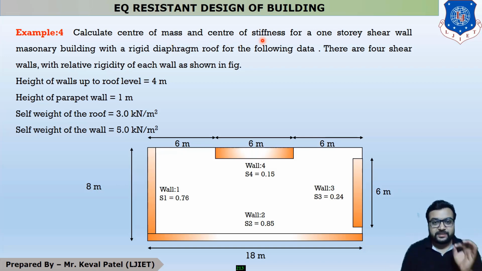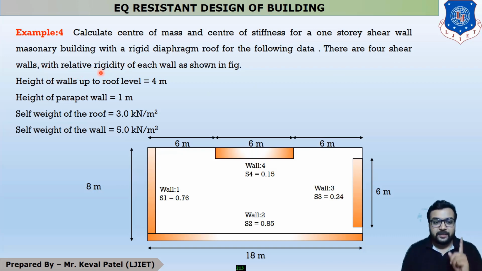Stiffness means the ability to resist force. Our chapter name is earthquake resistant design of buildings. You all know that a shear wall is the component that resists earthquake force. So whenever we have to find out center of stiffness, we have to consider the 4 shear walls only. The next data is that there are 4 shear walls with relative rigidity.